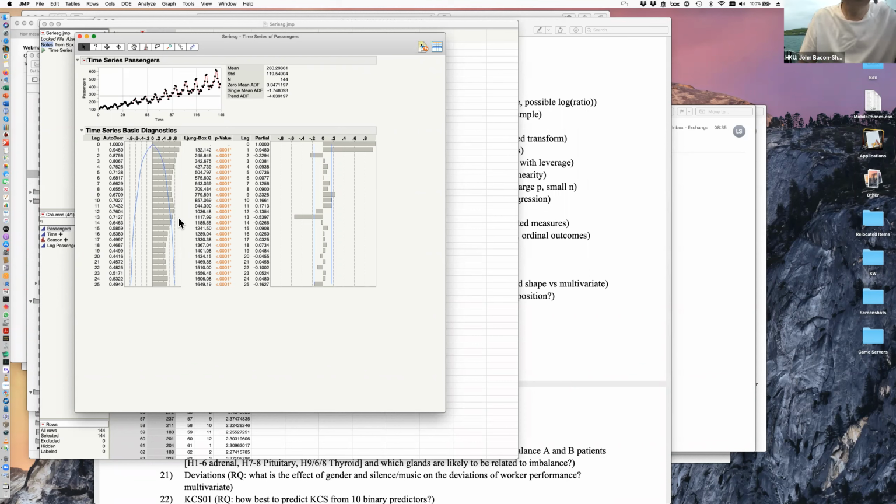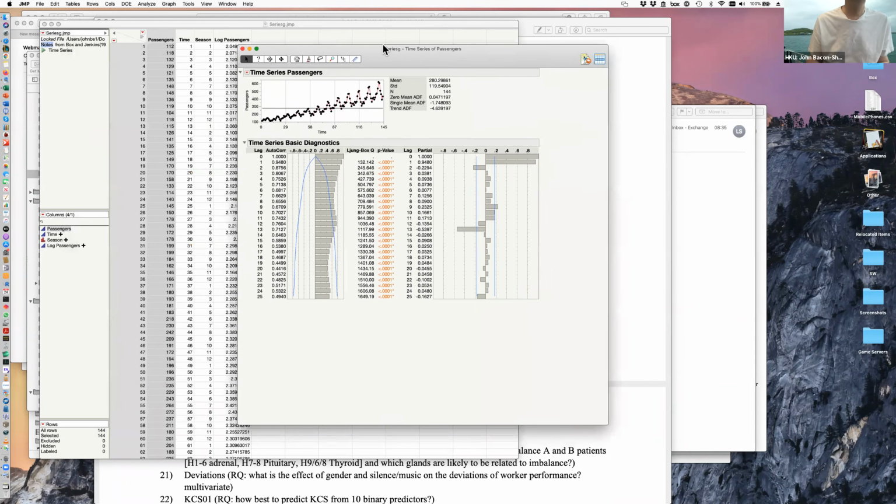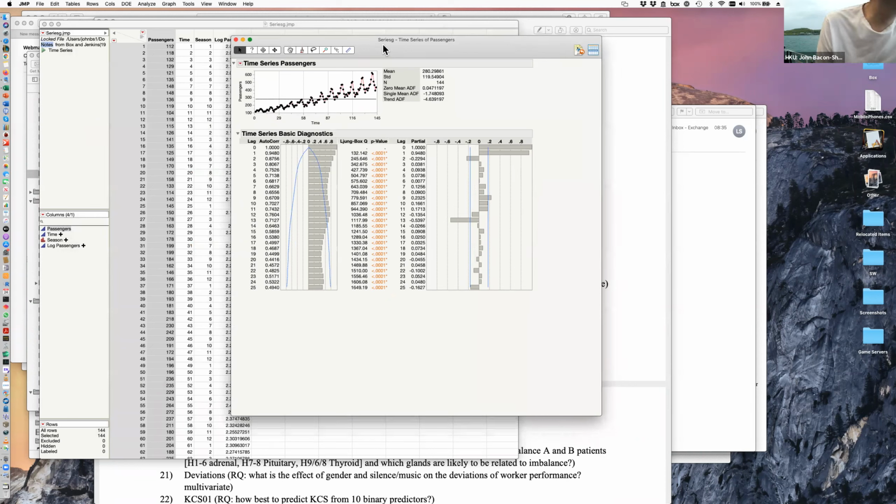This data is actually monthly data, so a strong pattern with a lag increase at 12 means there is almost certainly a yearly seasonal pattern. And indeed, if you look at the other variables, you will see this variable called season is the month in the year. So we probably should account for that effect as well.